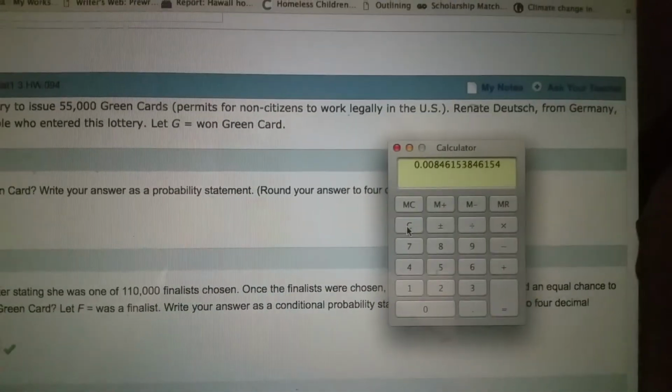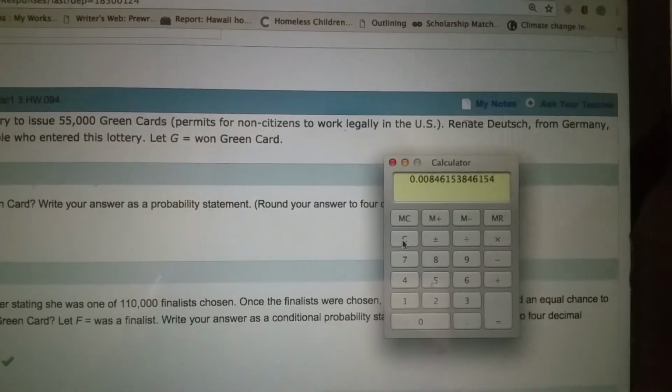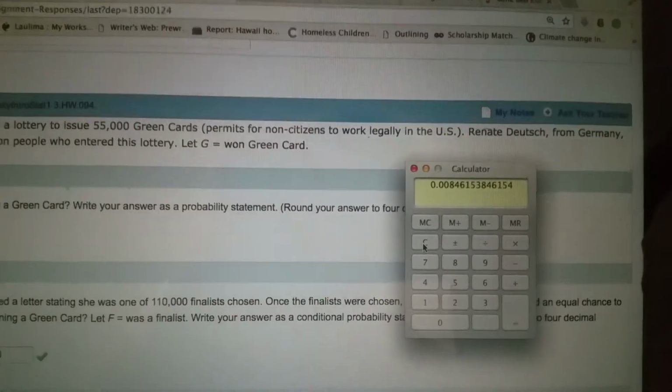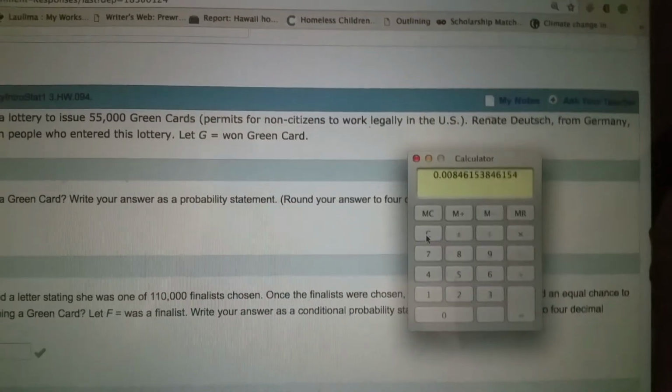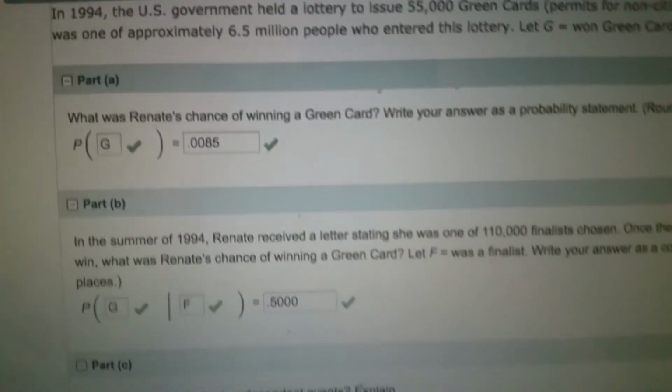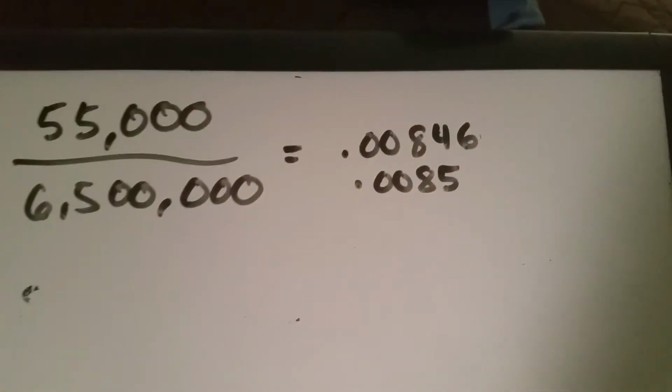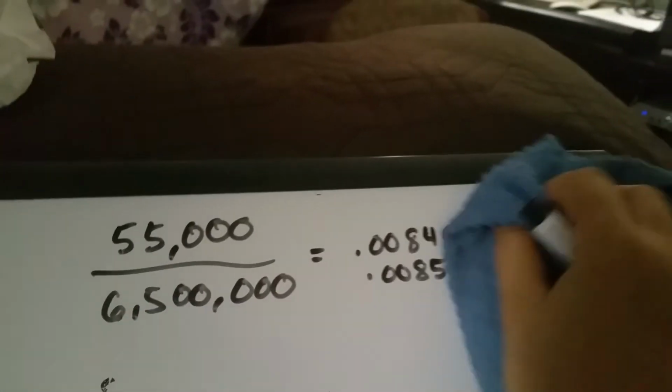Alright, so we would have 0.00846, but if I were to round it off to 4 digits, it'd be 0.0085. We got that? Okay, so that's basically what I was writing on this side.